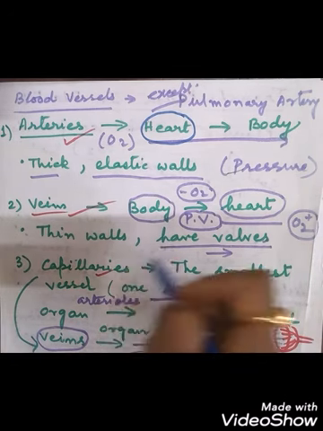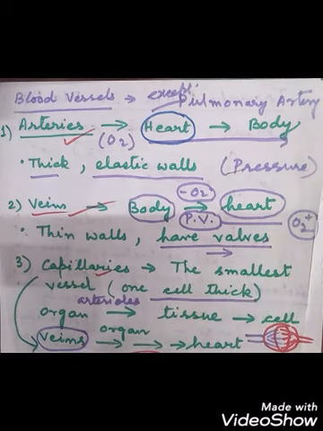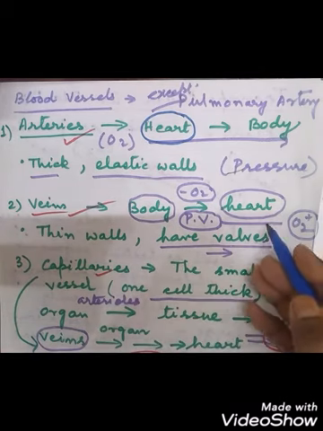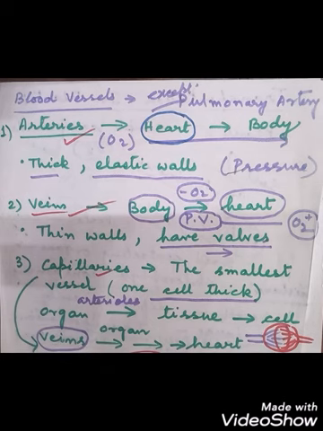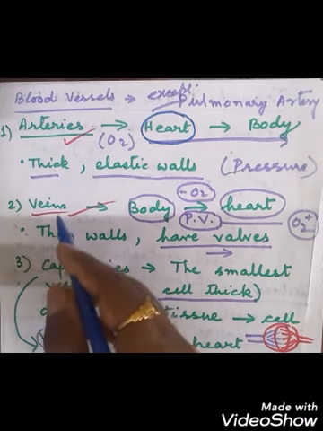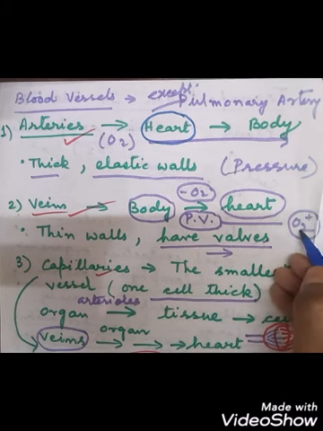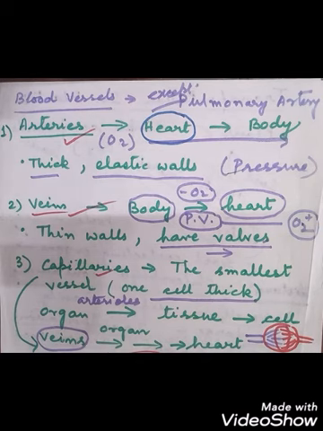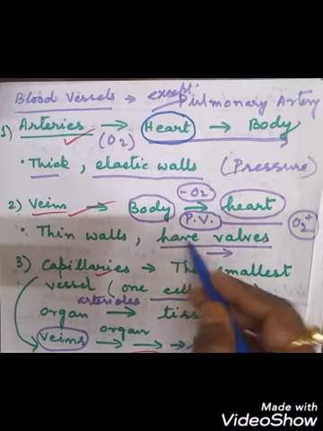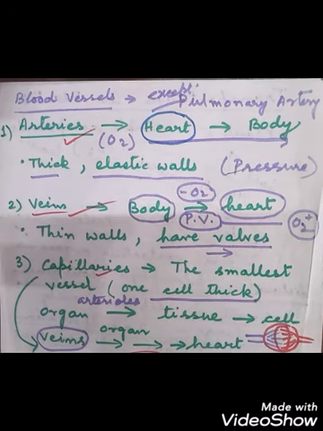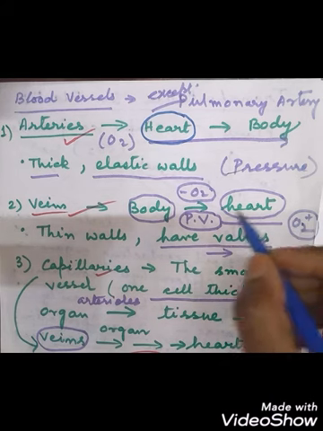So from all the body parts, blood will be carried to the heart for further purification through all the veins except pulmonary vein, which will carry oxygenated blood from the lungs to the heart. So the only vein which will carry oxygenated blood is the pulmonary vein, from the lungs to the heart.